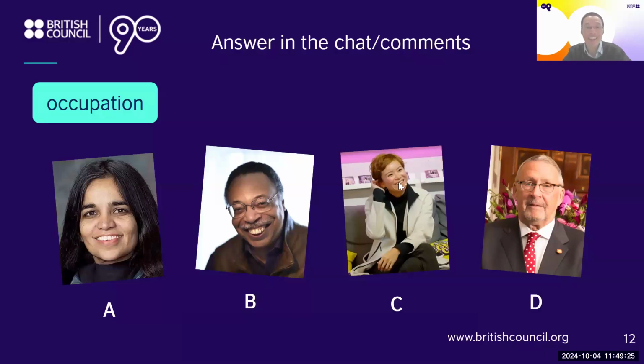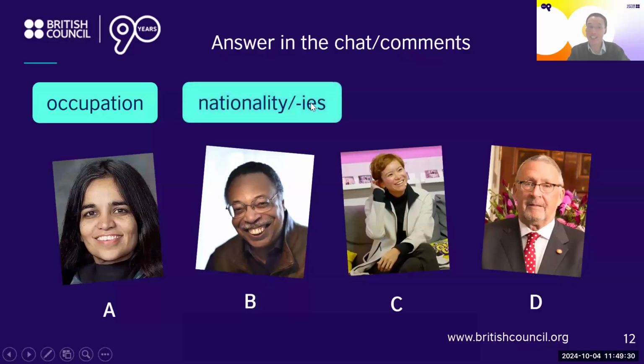Right, thank you. Now, what about the nationality or nationalities? That's a trickier question, isn't it? Right, so a lot of you say person A could be Indian. What about the other people?